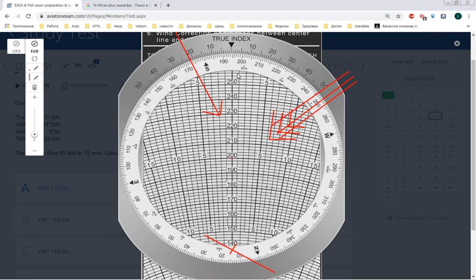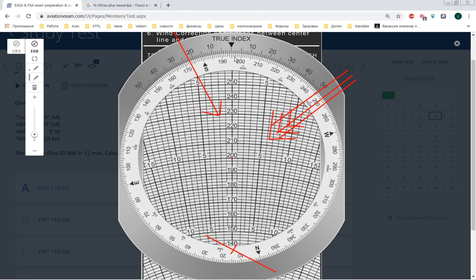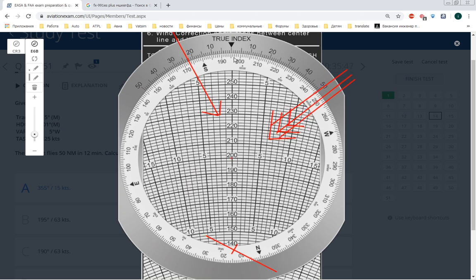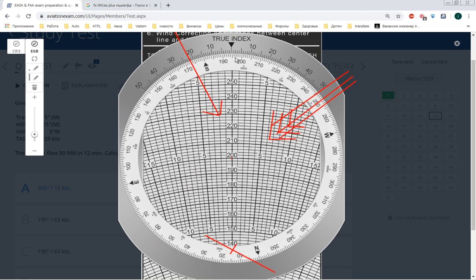So we see the wind is blowing from 1904, or maybe 1905 degrees. This is magnetic wind, don't forget about it.